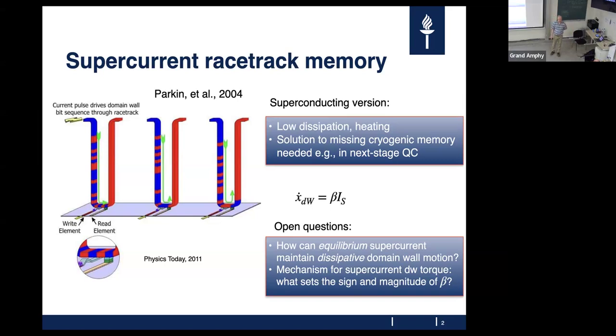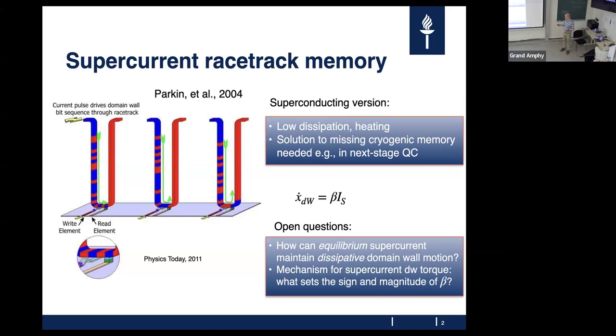Everything else in that computer in principle exists already, except for the memory. The memory elements are not well established at cryogenic, let's say Kelvin-level temperatures. If you would be able to have magnetic memory controlled by currents, that would be a possible solution to that problem.